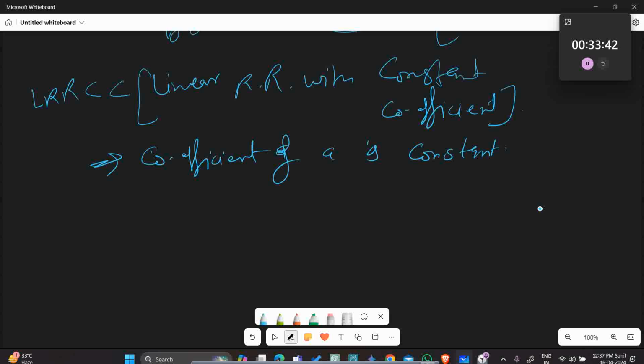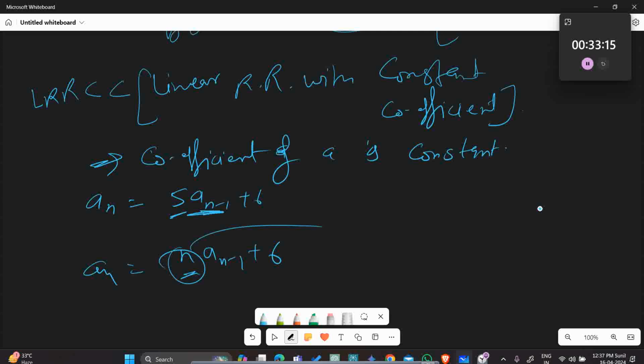Right. So let's say we have a n equal to 5 of a n minus 1 plus 6. 5 is a constant which is a coefficient of a. But if it is a n is equal to n a of n minus 1 plus 6, then the coefficient is not constant. So this is with variable coefficient.